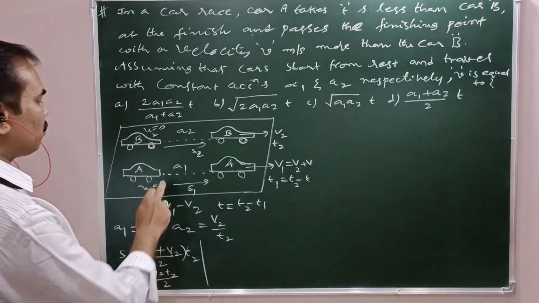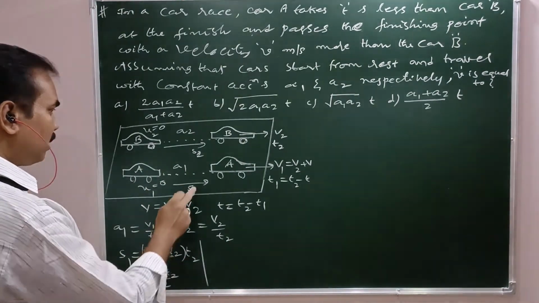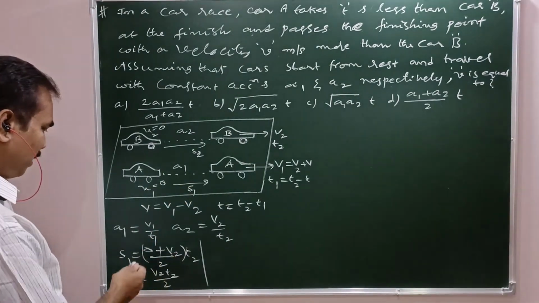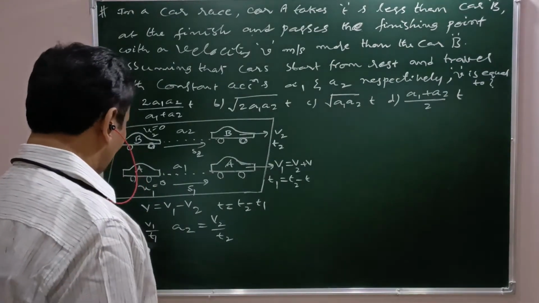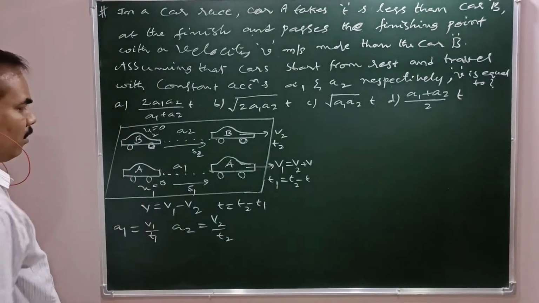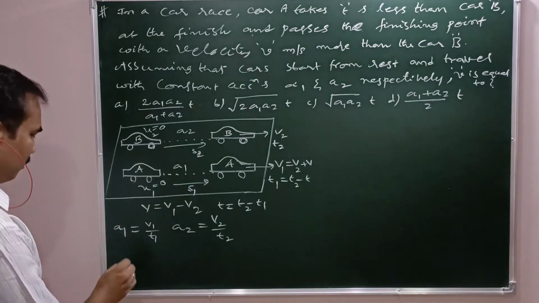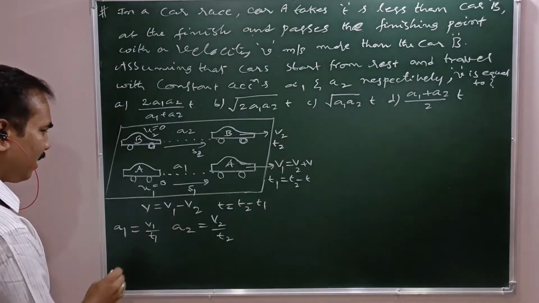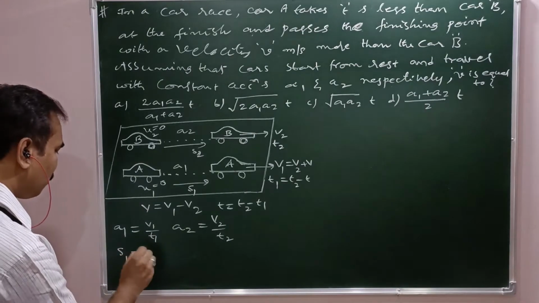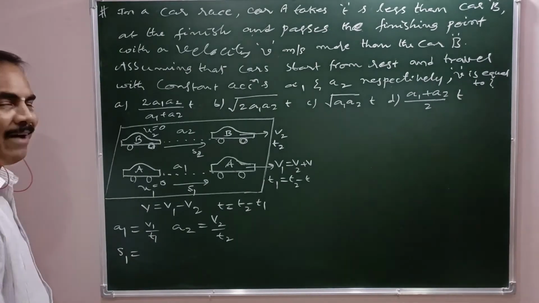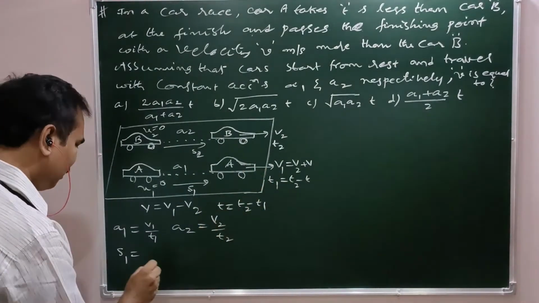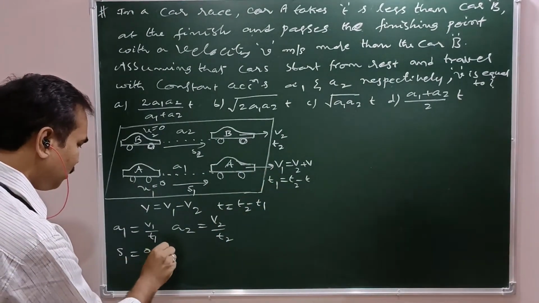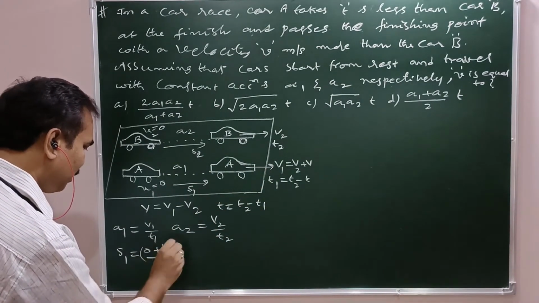Similarly, suppose the displacement covered by A is s1, equal to average velocity into time. Average velocity is 0 plus v1 by 2, into t1.